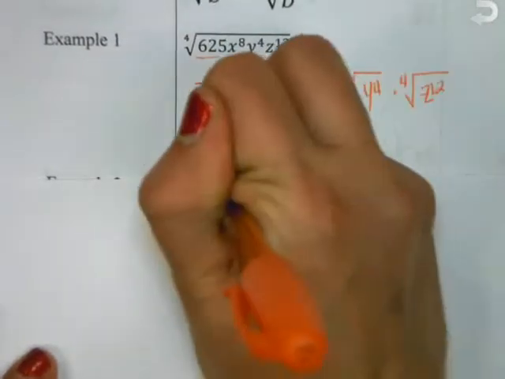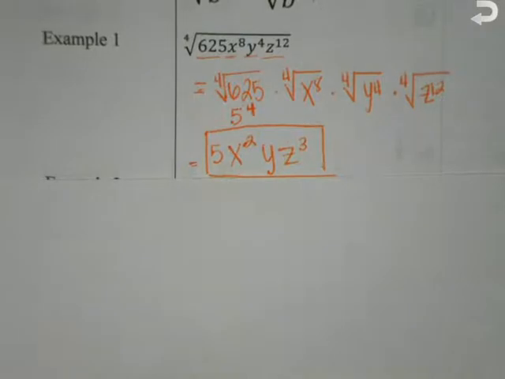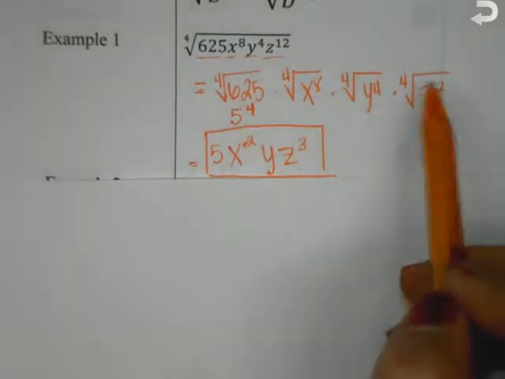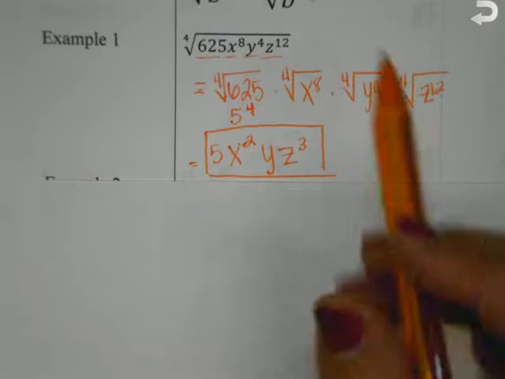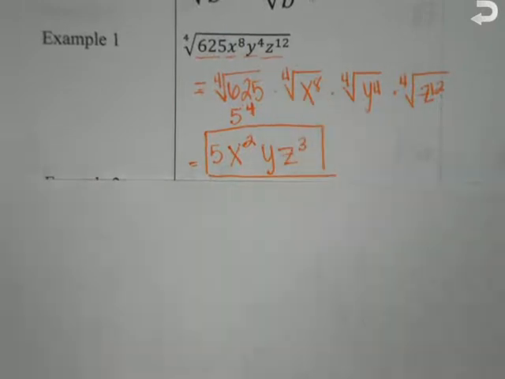So we don't have to break it up each time. I just wanted to show you that we're taking the fourth root of each individual one. Did anybody find a pattern? How did we get the fourth root of x to the 8th? Did anybody find a shortcut for that? Divide 8 by 4? Yeah, we can divide the exponent by the index.